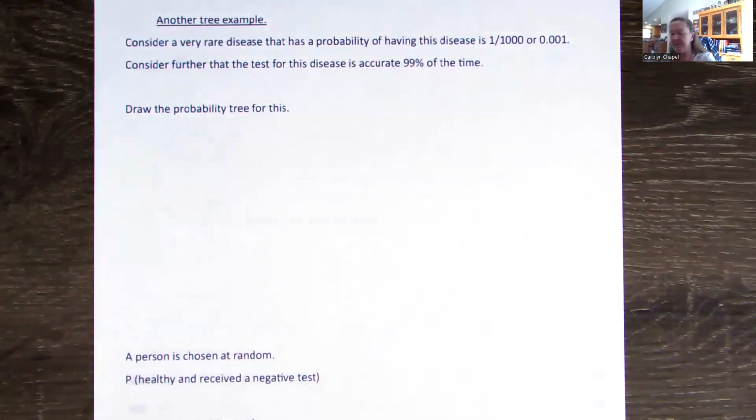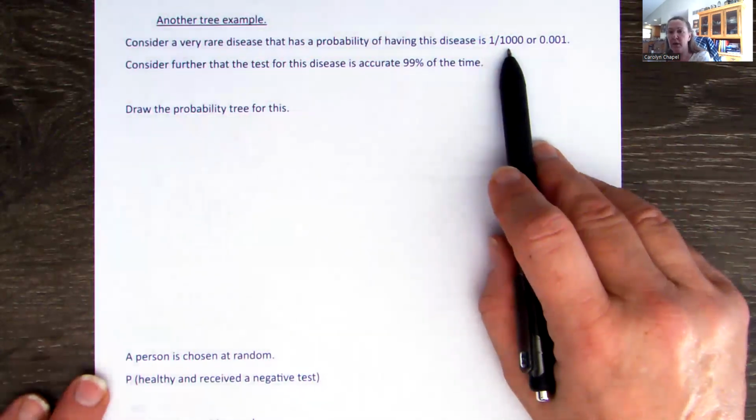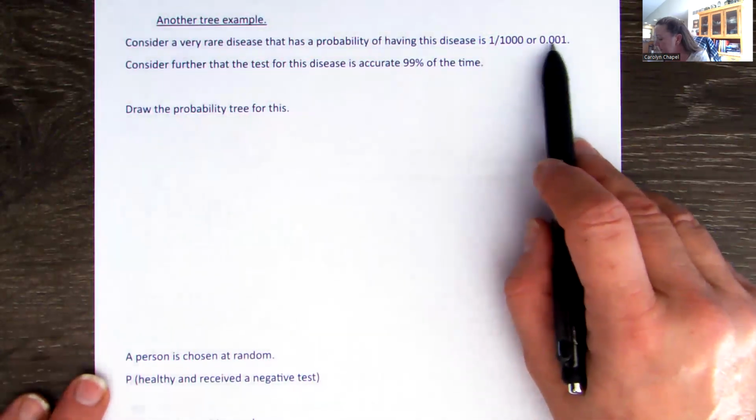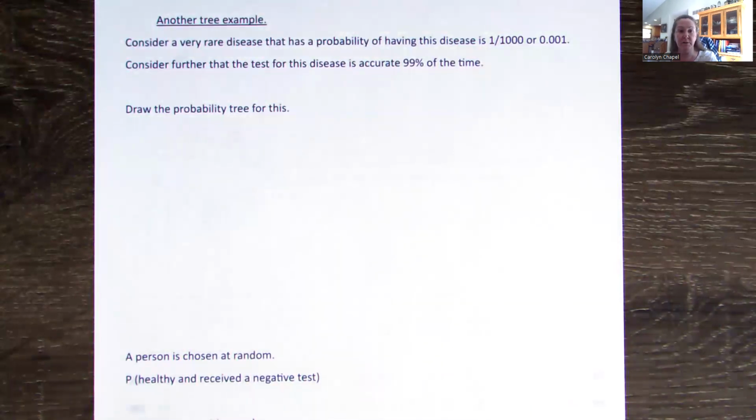I don't know what disease this is, but let's just say it's very rare. And that having this disease, only 1 out of 1,000 people have this disease. Okay, so that's like 0.001. And I am going to use decimals in this one. Feel free to use decimals when you're working with fractions as well, whichever you feel more comfortable.